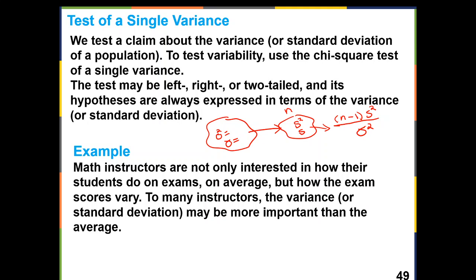So what we do here, we get this number, and this number is our chi-square. So that's our test stat. Then we come to the distribution and see where this thing falls, or we find the p-value, or we do the rejection region. This test could be left tail, right tail, or two tail.